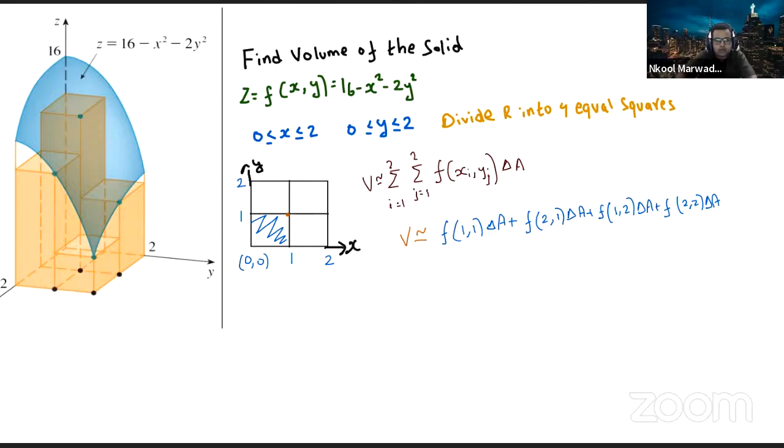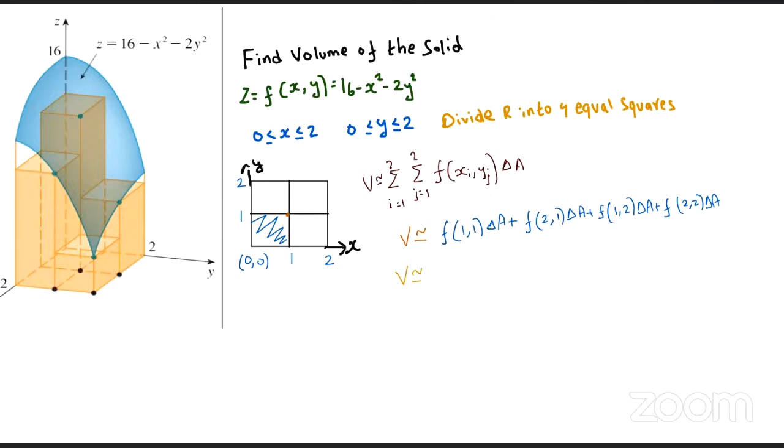So now we will be solving it. In this function, f of 1 comma 1, if I put in, 1 minus 2 minus 3, so 16 minus 3 is 13.